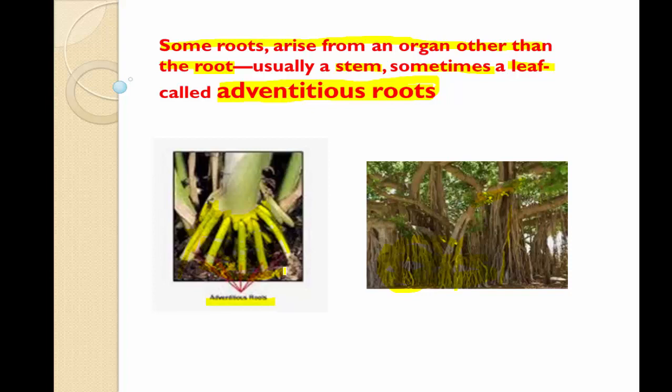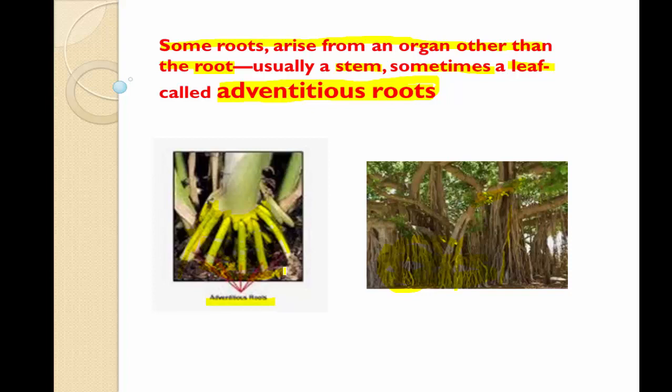So these are the three types of root systems observed in the angiosperms. The taproot system is the character of dicot. Fibrous root system is the character of monocot, and adventitious roots are found in both dicot and monocot, but they arise from an organ other than root.